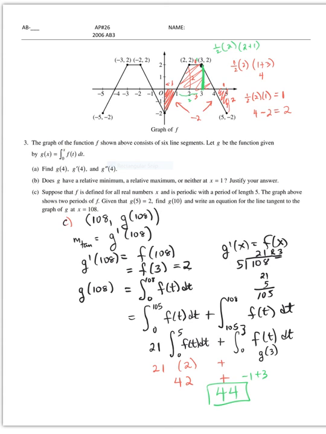The equation of the tangent line, if we put it all together, would be y minus the y coordinate, which is 44, that took us a while to get, equals the slope, which we found to be 2, times x minus the x coordinate.